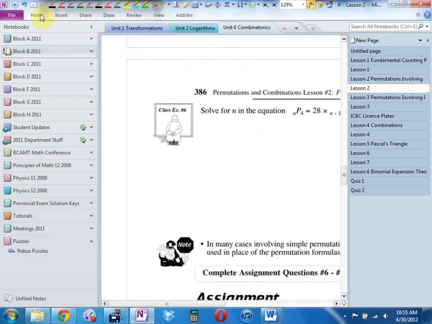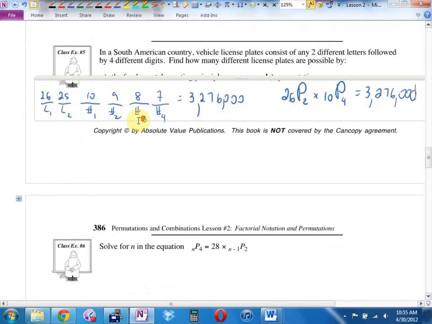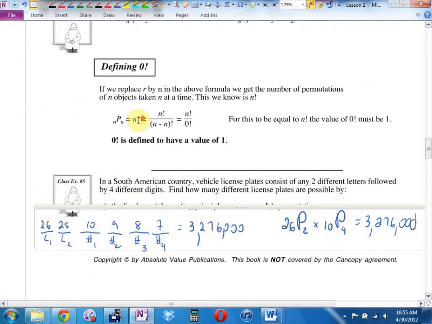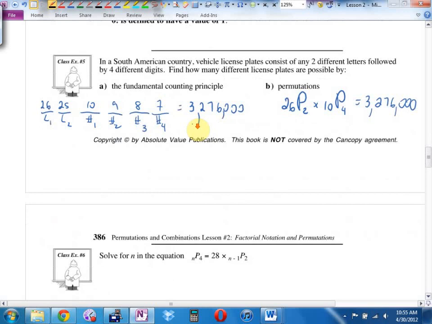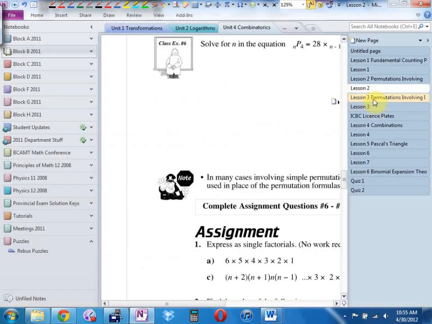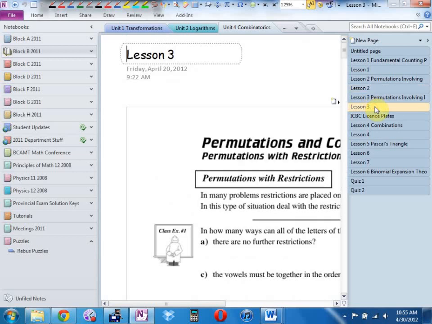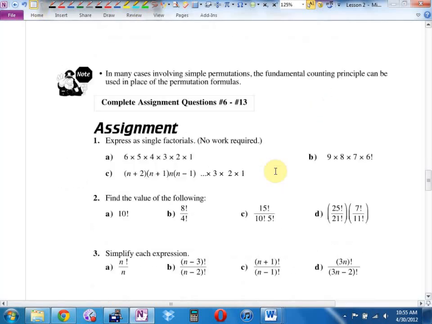Back to the workbook. So here's your defining 0 factorial that we just did in our notes. Homework.